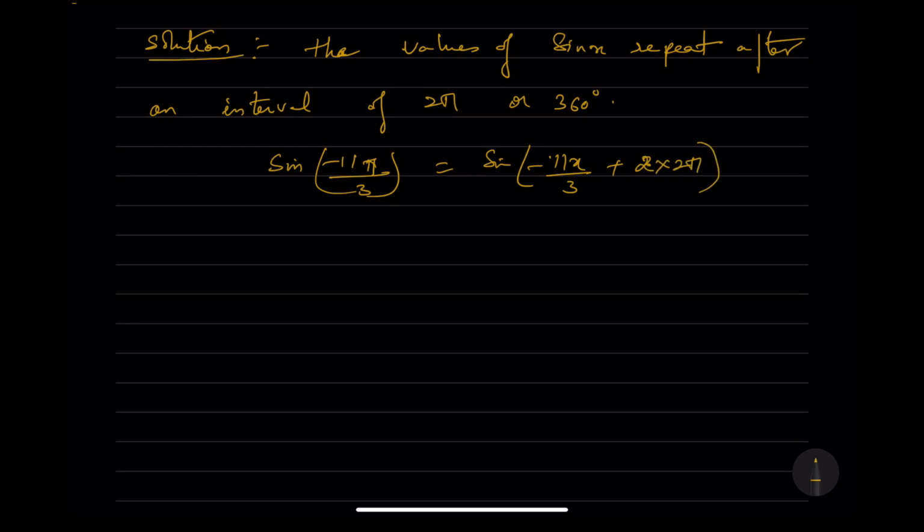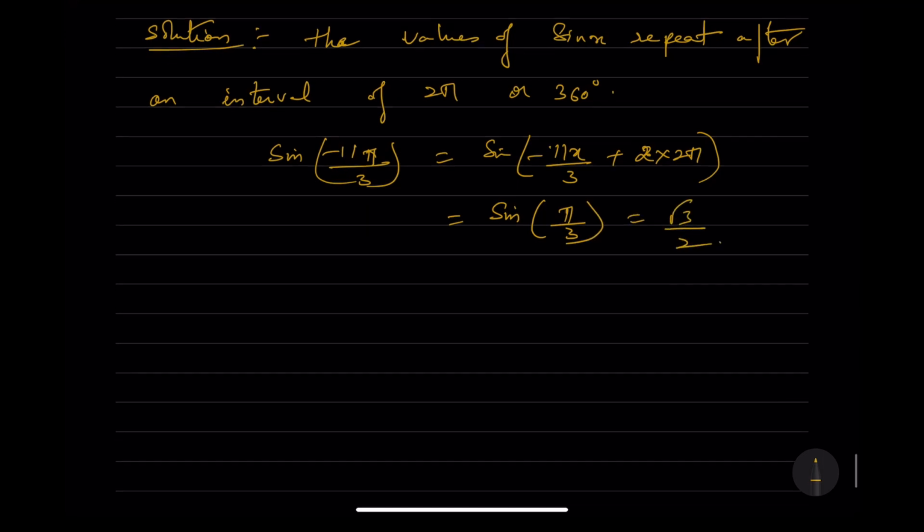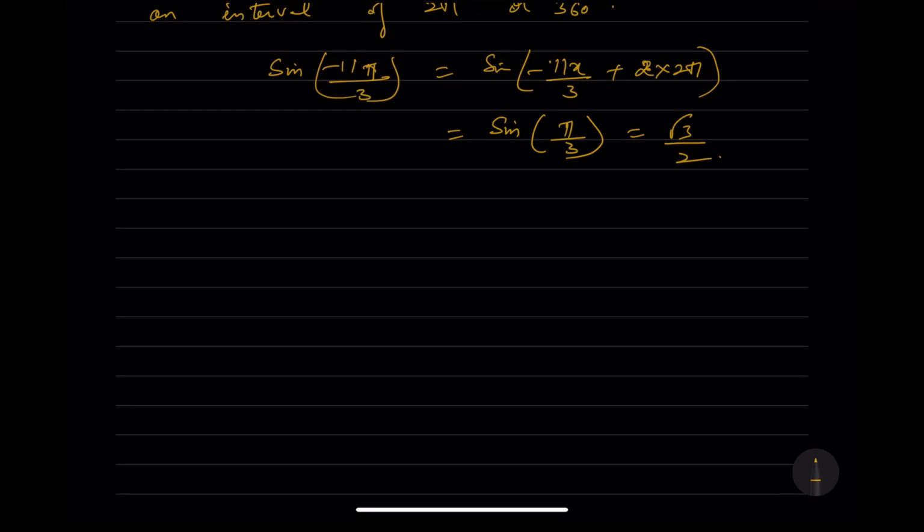So here you can see 4 3s are 12, 12 minus 11, so you're going to get it as equal to sine of pi by 3, which is equal to root 3 by 2. Since pi by 3 is nothing but sine 60, it's equal to root 3 by 2.